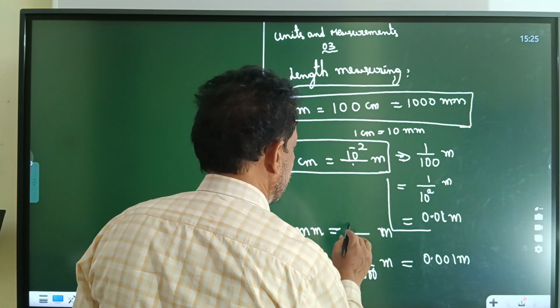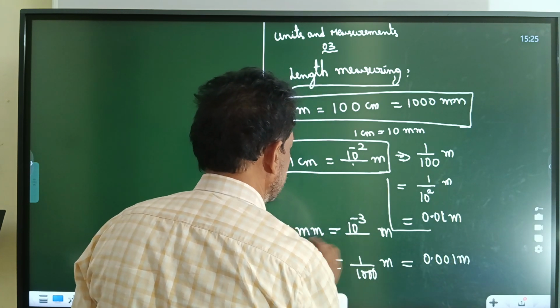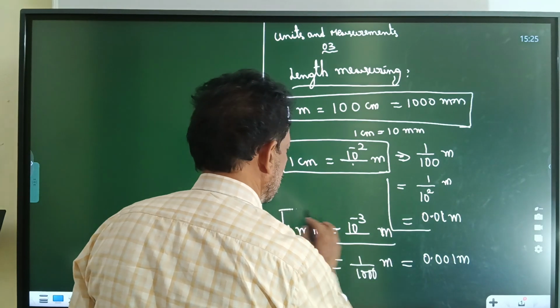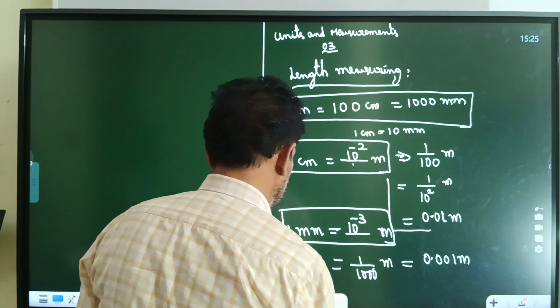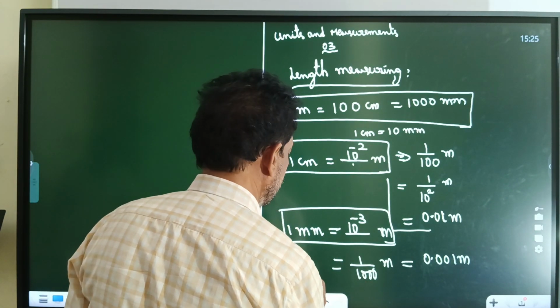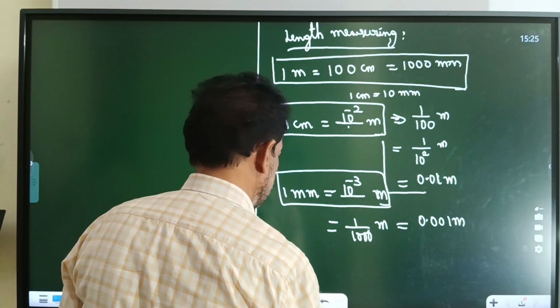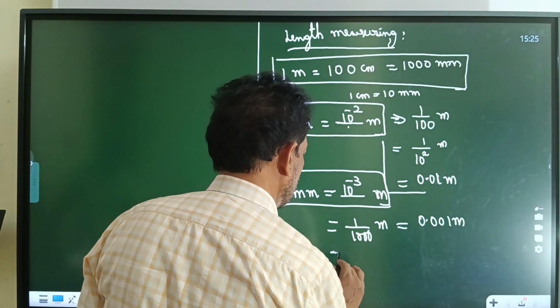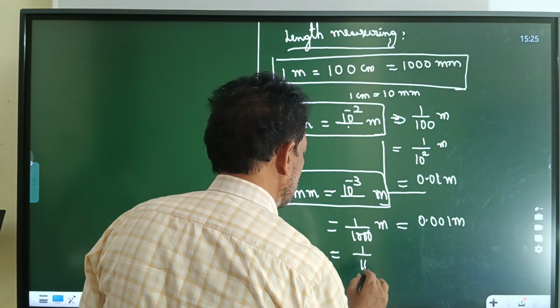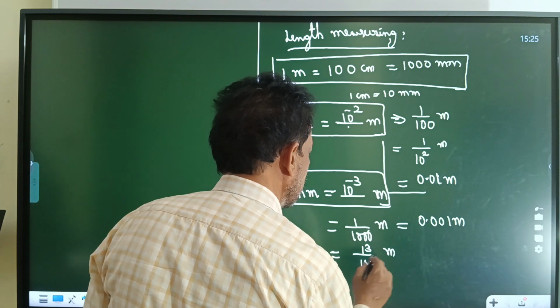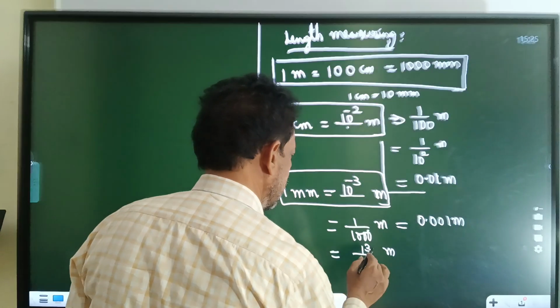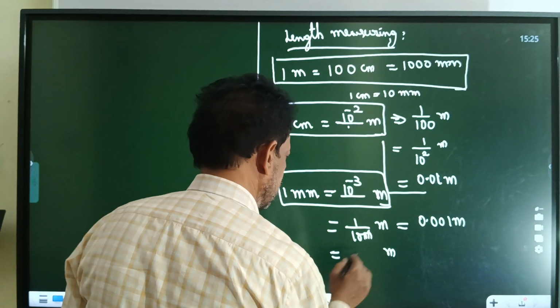Then simply I will write 10 to the power of minus 3 meter. So 1 millimeter is equal to 10 to the power of minus 3 meter, that is equal to 1 by 10 cube meter.